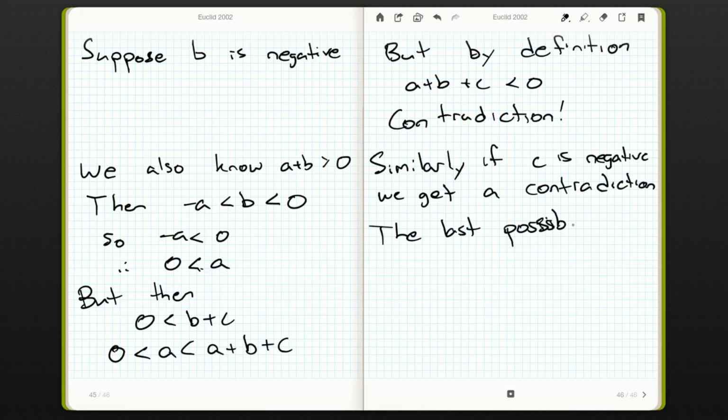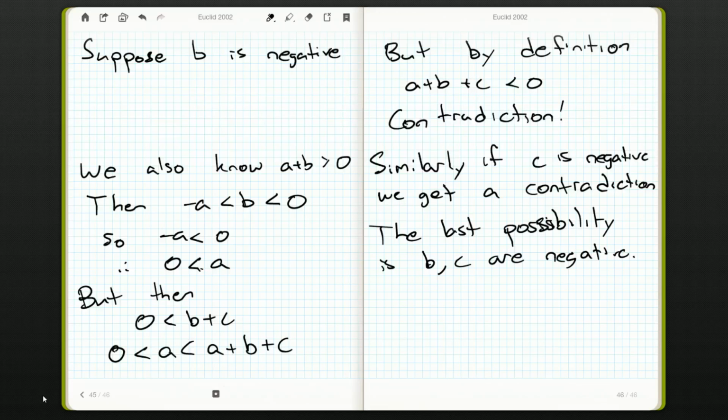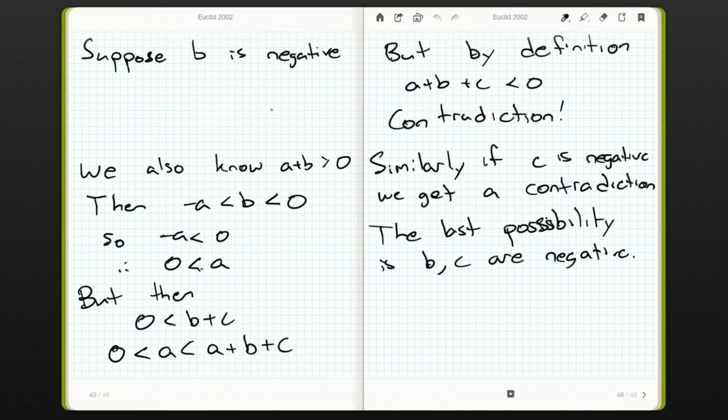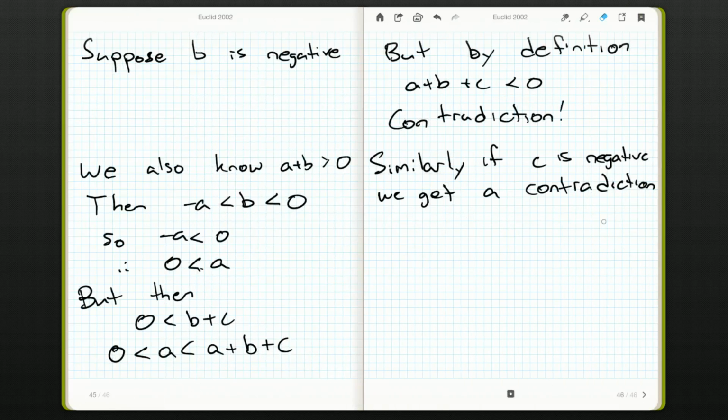So the last possibility is B and C are negative. Right? We had none of them negative, and that didn't work out. We had just B is negative, and that didn't work out. We had C is negative, and that didn't work out. And actually, it doesn't really matter. The B is negative case covered both B is negative and C is negative.